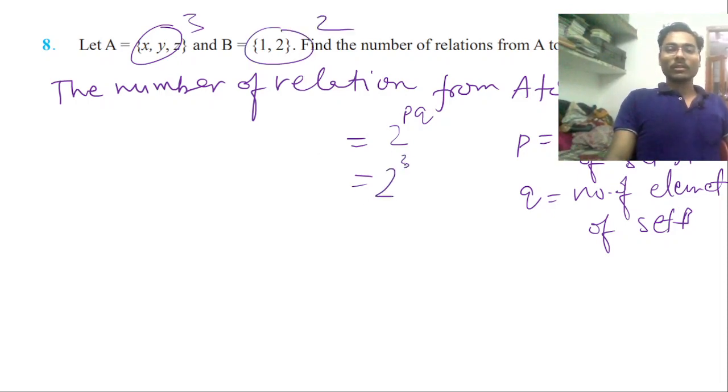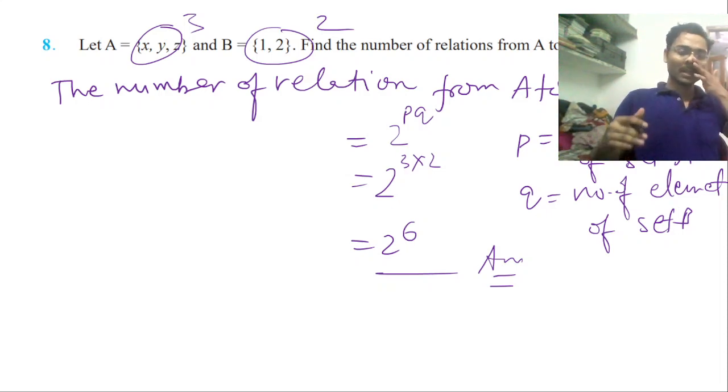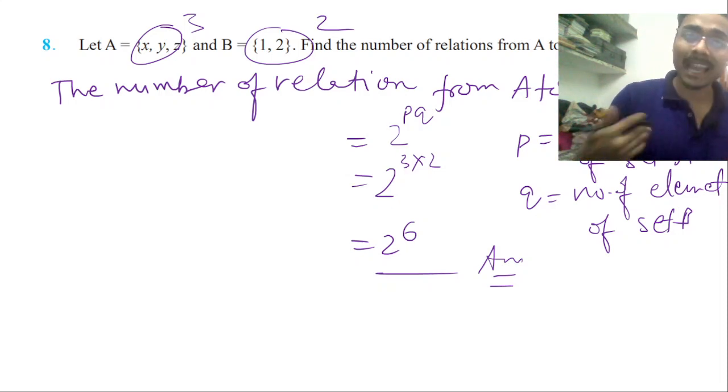So 2 raised to 3 multiply 2, which is 2 raised to 6, and this is our answer. They are not asking us to write all the possible relations we can make. They are simply saying how many relations from A to B can be made.